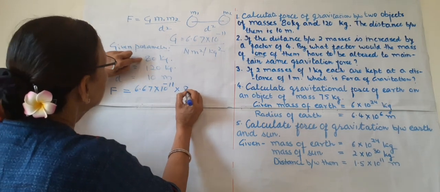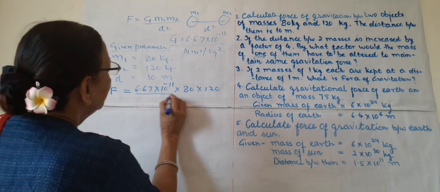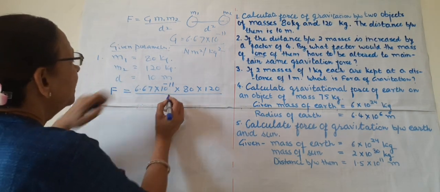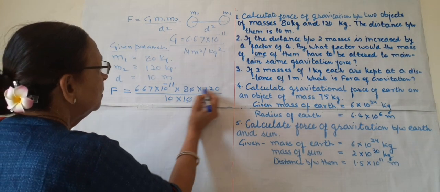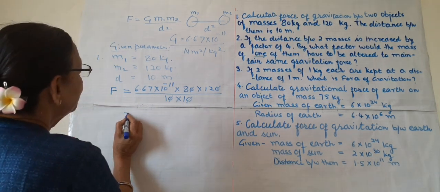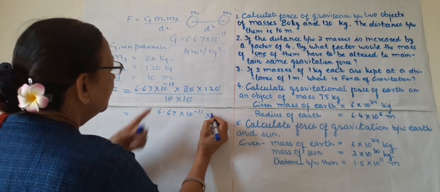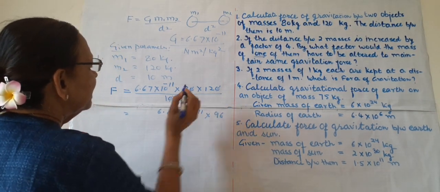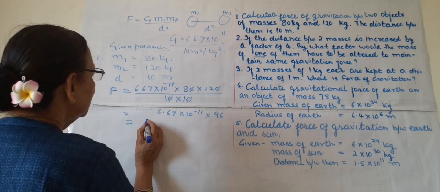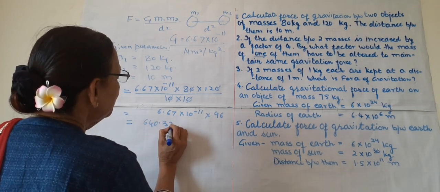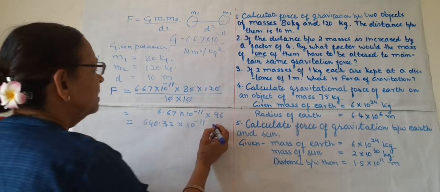Into m1 which is 80, into m2 which is 120, divided by d square, that is 10 square or 10 into 10. So this will be 6.67 into 10 raised to power minus 11 into 96. 12 8s are 96. If we multiply, it will be equal to 640.32 into 10 raised to power minus 11 Newton. This is the answer.